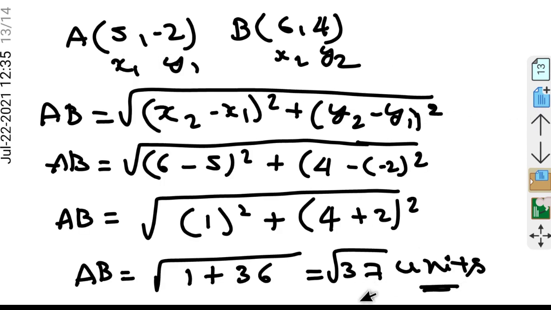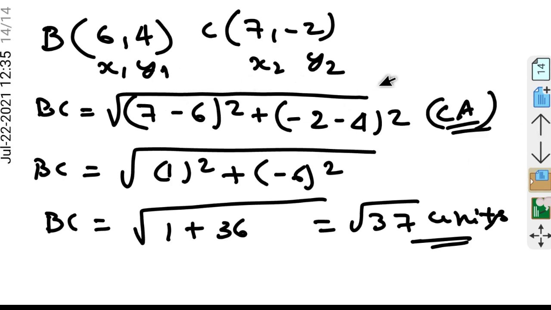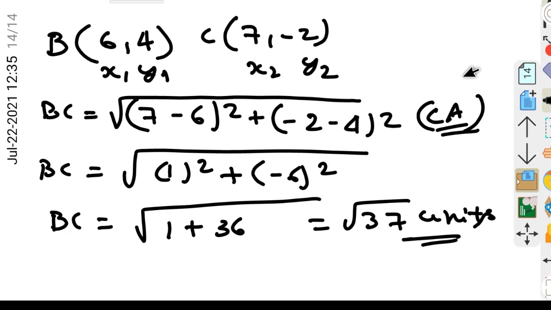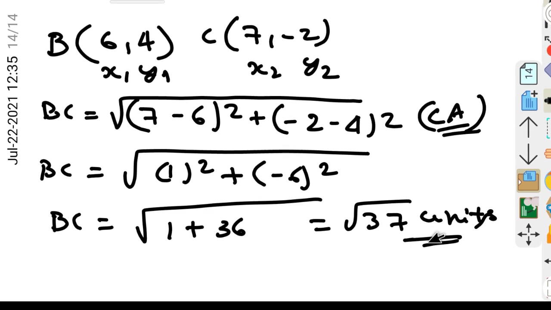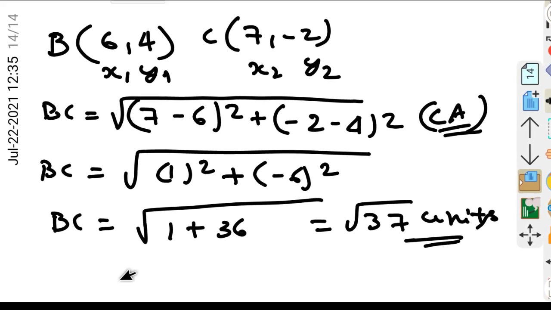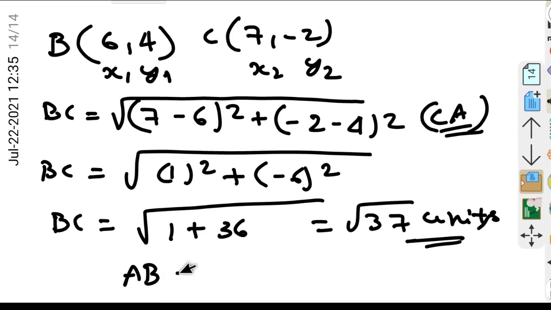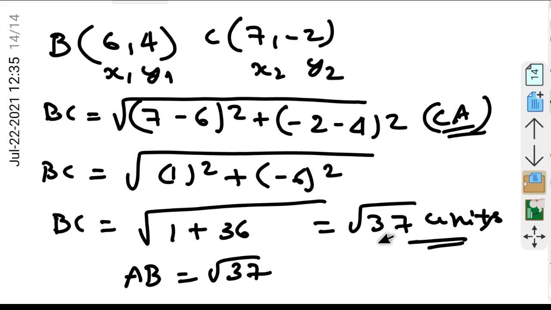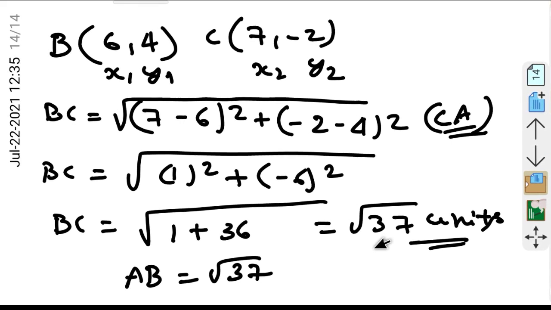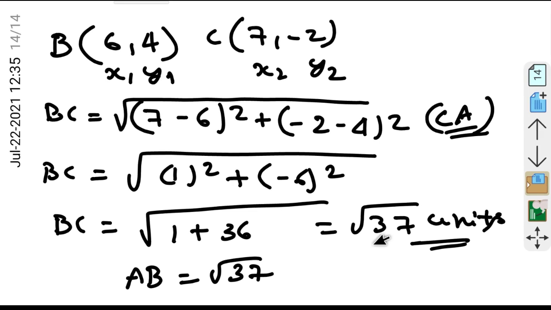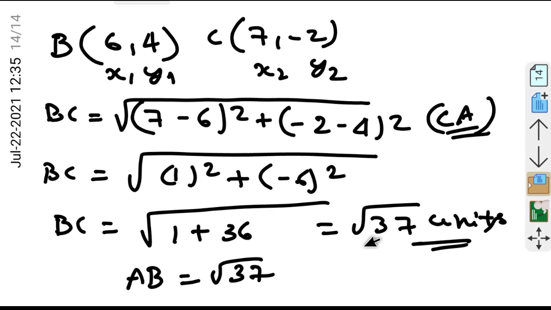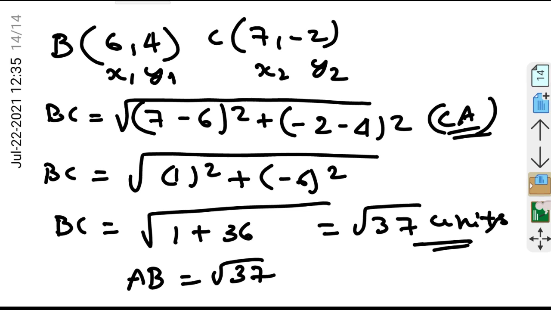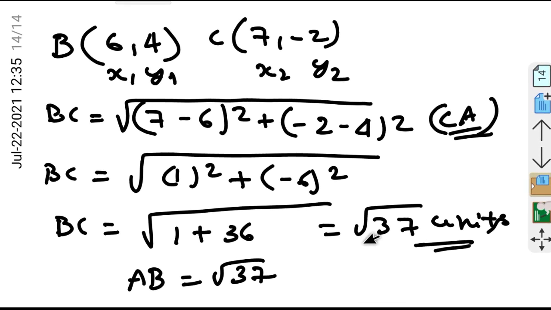Root 37 units, correct? Next, by using the distance formula, we got the answer for BC also, root 37 units. So AB is root 37 units and BC is also root 37 units, correct? That means the two values are equal, so we can directly say that the points are the vertices of an isosceles triangle. Okay, children?